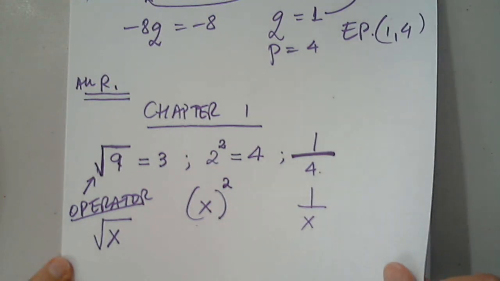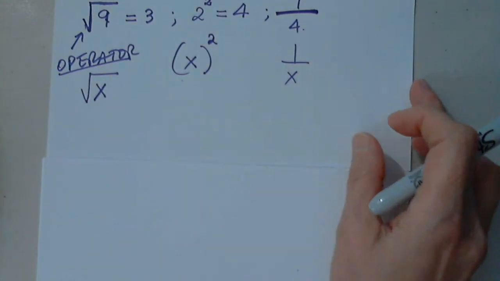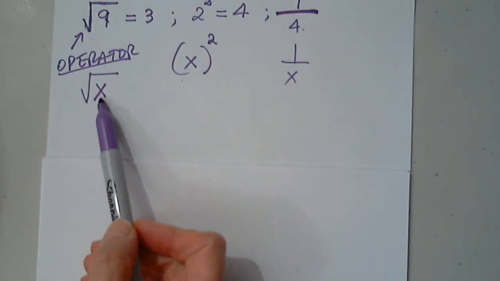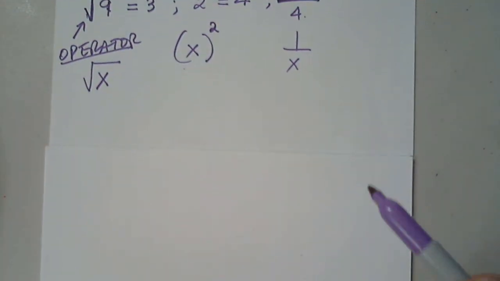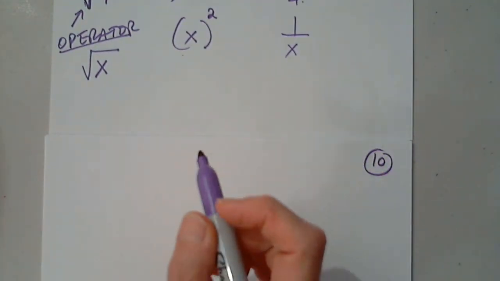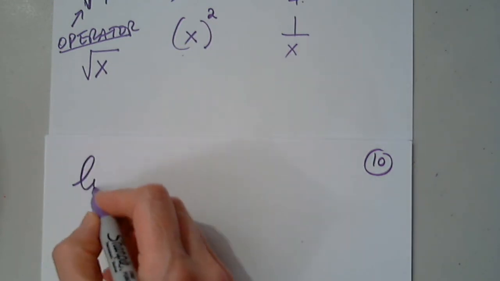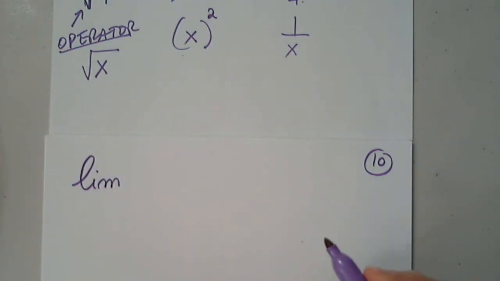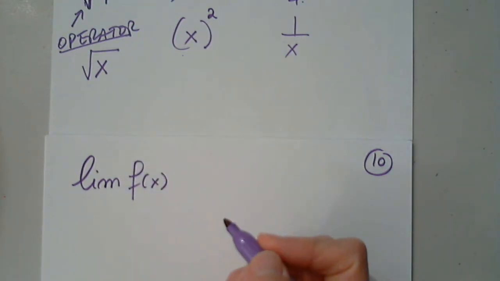We're going to study a new operator, something that does something to a function. What does this do? Takes the square root. What does this do? Squares, and so on and so forth. So the operator that we are going to talk about in this chapter is called LIM. That does something to a function.